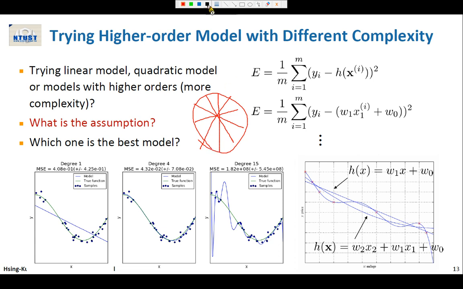Maybe we choose 9 out of 10 to train our model, then use the model to predict the remaining part, right?